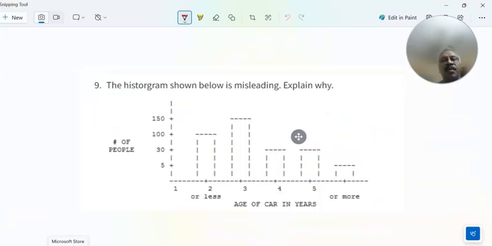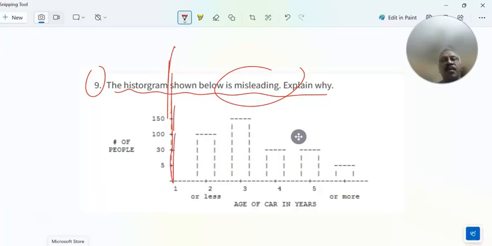Now, question number 9, the histogram shows what is misleading. The main thing is you can see the y-axis. Even though it starts at 0, you will see this is 0 to 5, and from here it jumps with a 25 increment. Here a 70 feet increment. So this is not good.